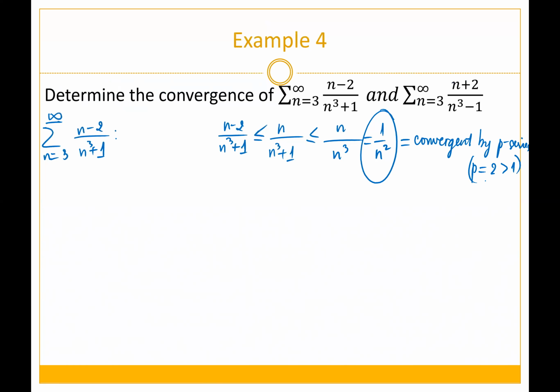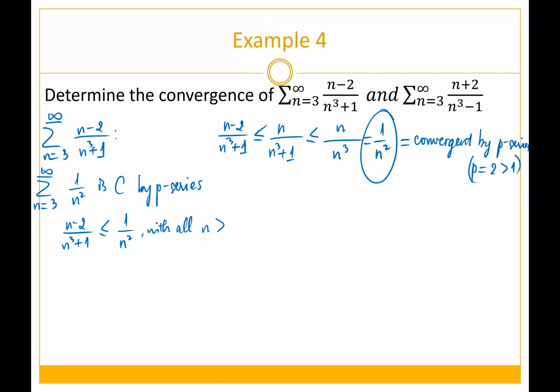So we have the series from n equal to 3 of 1 over n squared is convergent by P series. And you have n minus 2 over n cubed plus 1 smaller than or equal to 1 over n squared, as I wrote here, with all n bigger than or equal to 3.